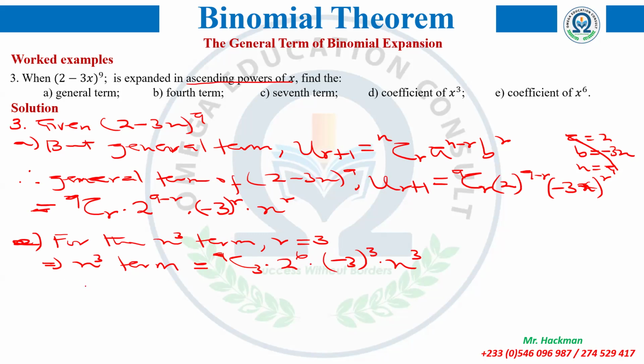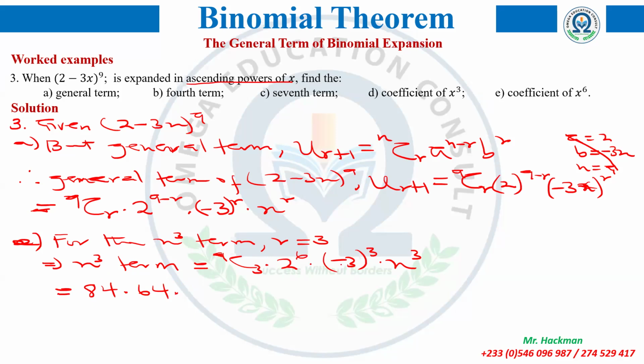So s cubed will be equal to 9 combination 3, which is 84, then times 2 to the power 6, which is 64.